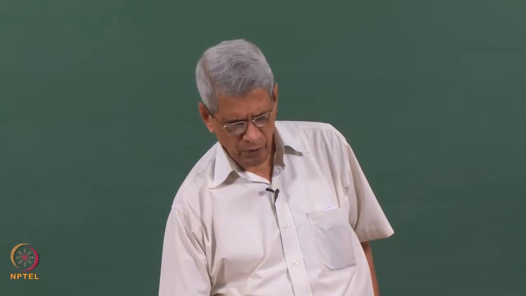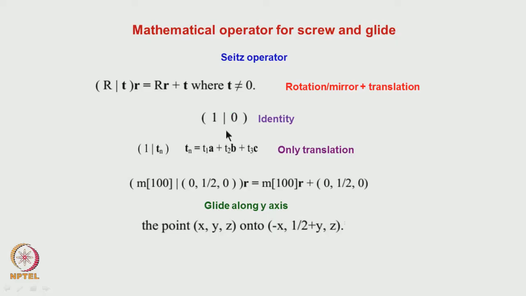Then this R will become 1, that is 1 stroke 0, as there is no translation associated with it. This is called an identity operation, which brings the point after the symmetry operation back to its original position. Suppose only translational symmetry is operating, no rotation or mirror or inversion symmetry.